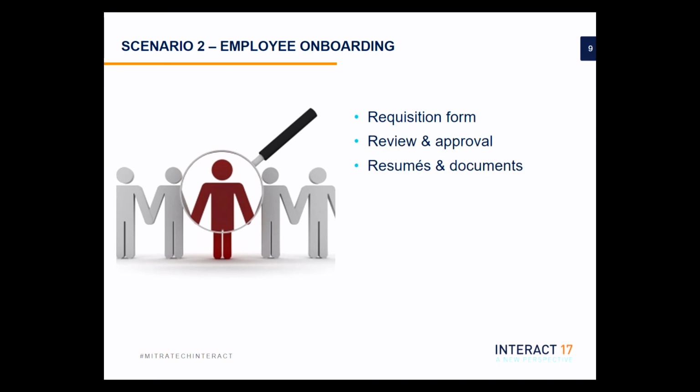The second scenario is around an employee onboarding process. So again, we're talking about similar requirements to the contract processing. We're going to have to make sure that we've got the right information around the employees. We have to make sure that we have the relevant information in terms of approvals around job descriptions and other pieces of information.